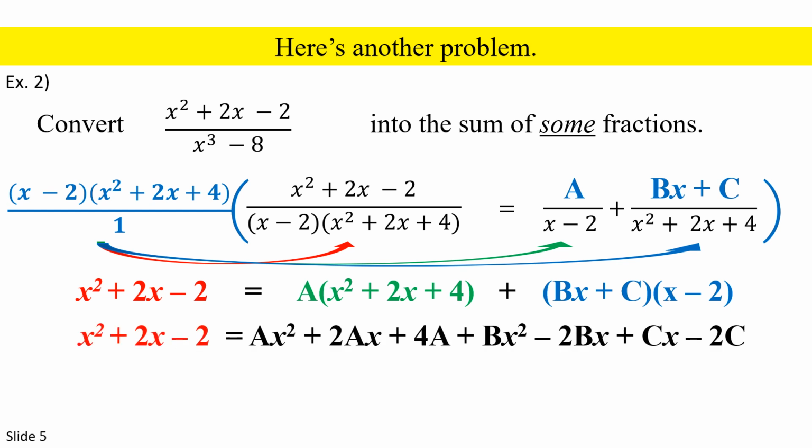Let's multiply everything out. So on the left, we've got x squared plus 2x minus 2. On the right, ax squared plus 2ax plus 4a plus bx squared minus 2bx plus cx minus 2c.